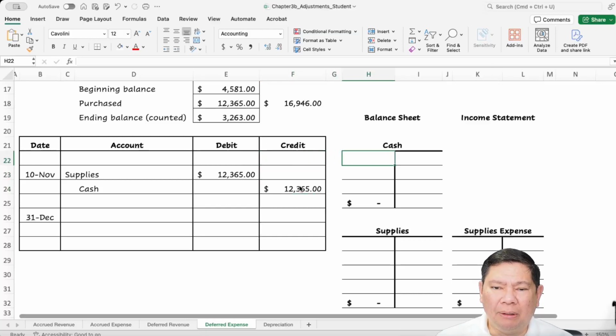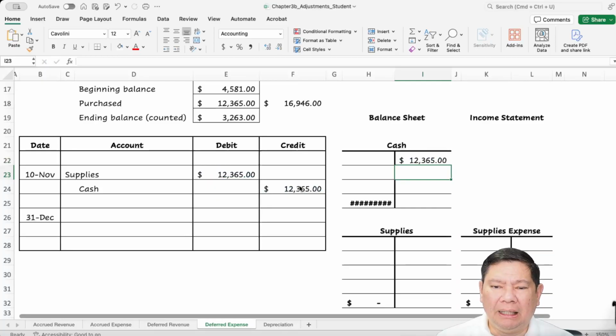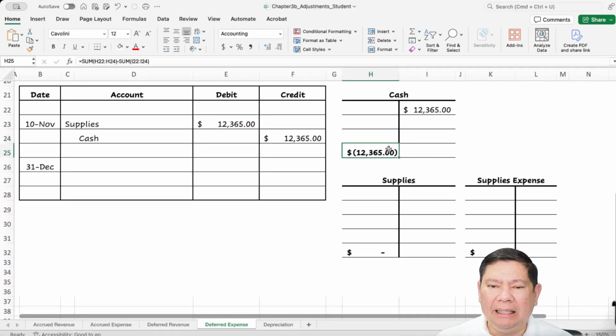So our cash goes down by $12,365. You see there is a decrease in cash there.